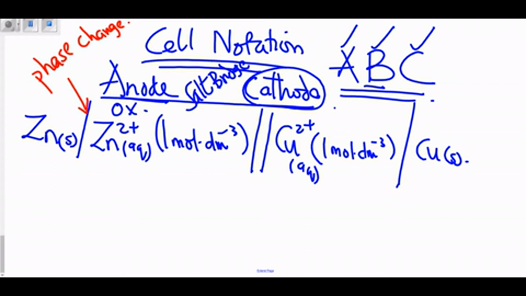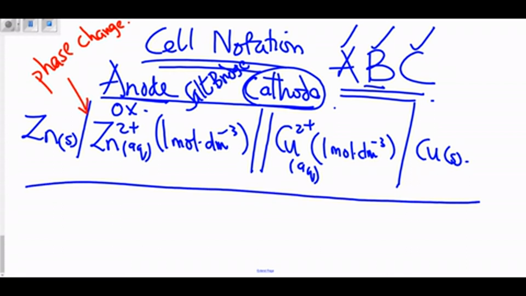This is about 3 or 4 marks in your exam paper. This is your cell notation. It's as simple as A, B, C: A, anode, B, bridge, and C, we've got the cathode.